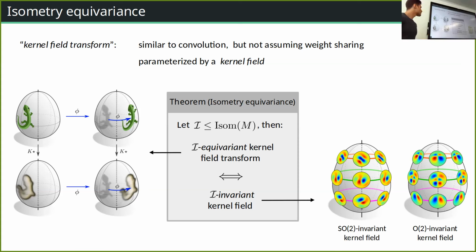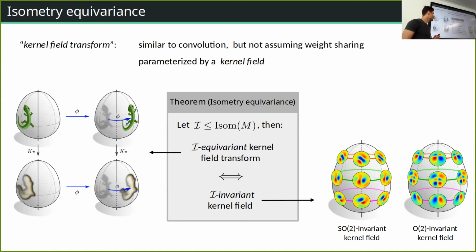And so in the first step, we will just look now at what I call a kernel field transform, which is more or less like a convolution, but for now without the assumption of shared weights between different points. So you could have a different kernel at each point of your space. And then we have this theorem, which says, okay, we're looking at the subgroup I of the full isometry group of this manifold.